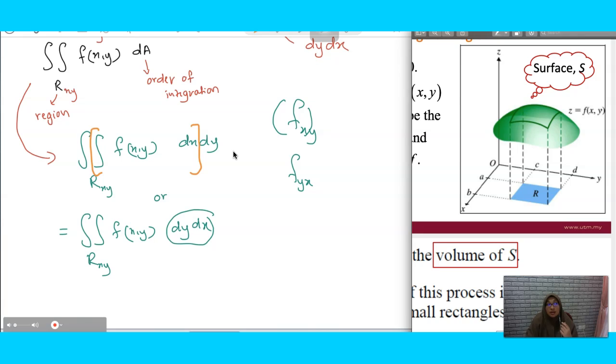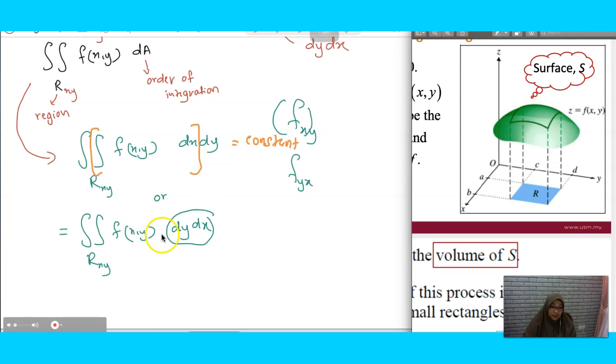Because of the same understanding I mentioned earlier, when you integrate and there is a limit, your final answer should be a constant. Extending that into double integral, once there is a limit, your final answer should be a constant or value.